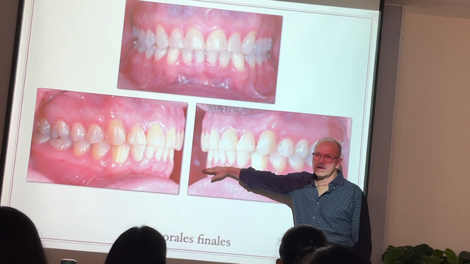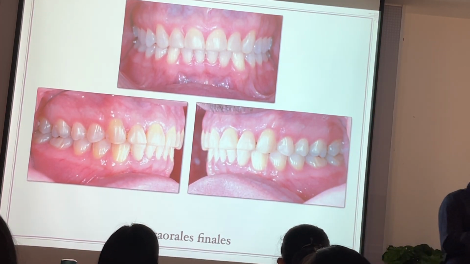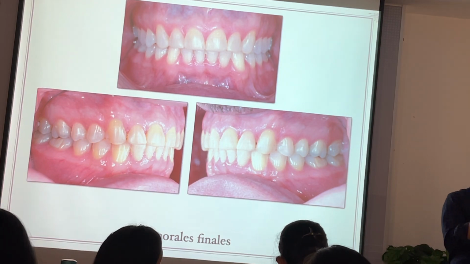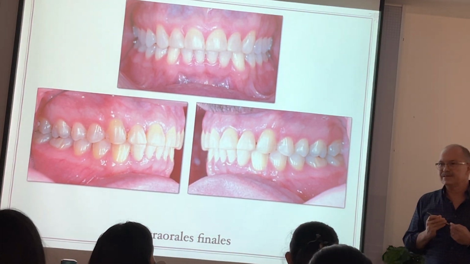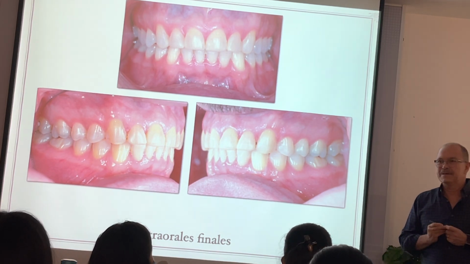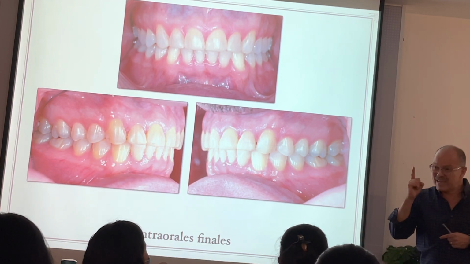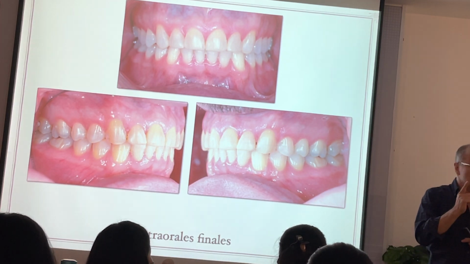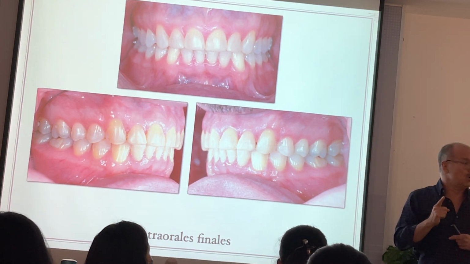Okay, so this is a very nice reference to know when we have to intrude, because I think that orthodontists are the best periodontists, because we can really change the bone. For a periodontist, it's very difficult to change the bone.